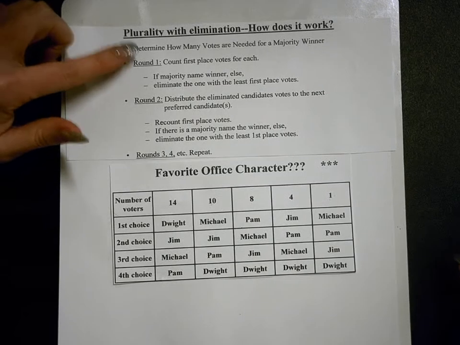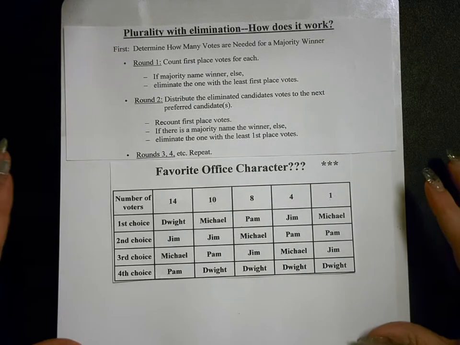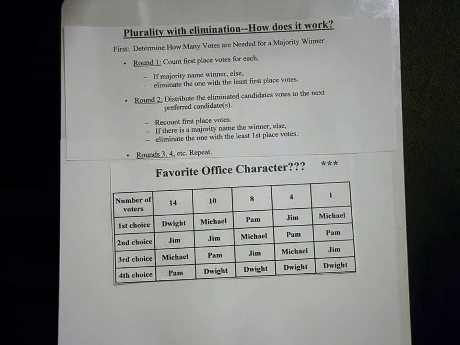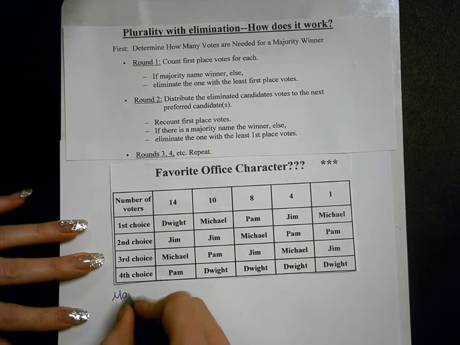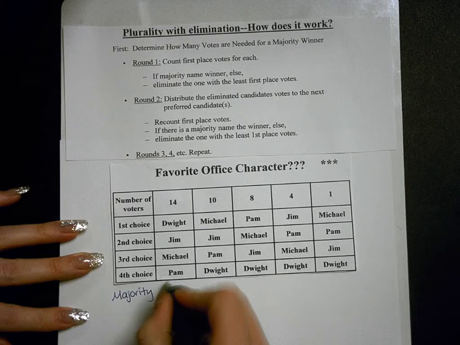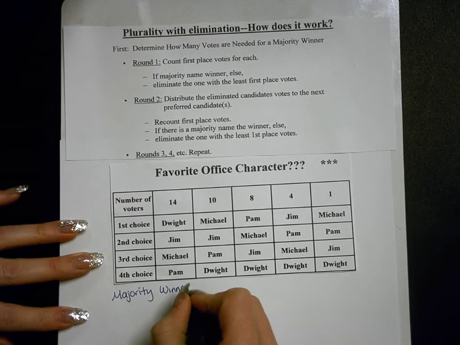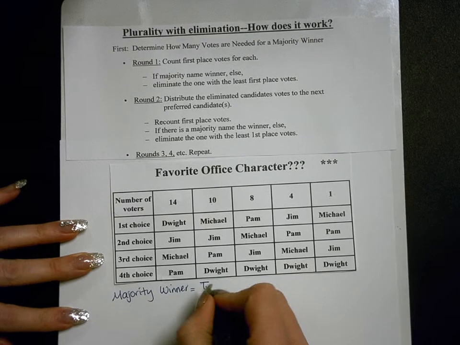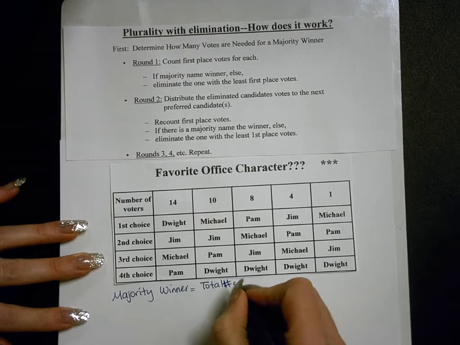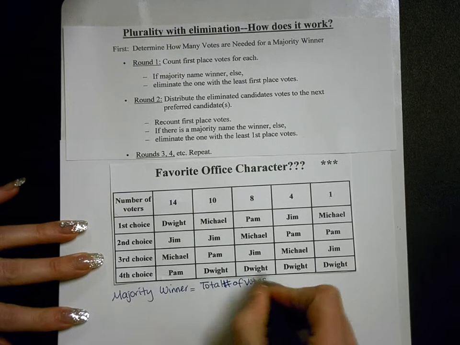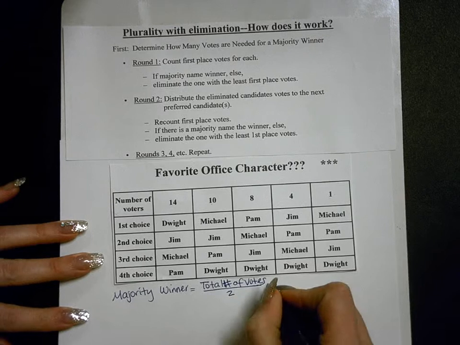The first thing we have to do is determine how many votes are needed for the majority winner. So I'm going to write here: majority winner equals the total number of votes divided by 2.